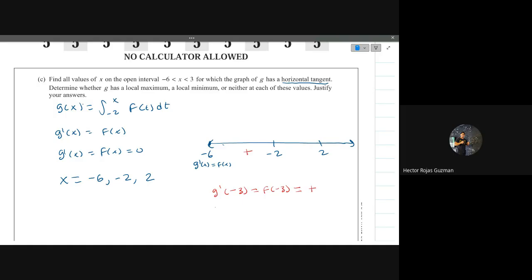G prime of 0 is the same thing as f of 0. F of 0 is 2, so that's a positive. G prime of 3 is the same thing as saying f of 3. That is a negative. So where does G have a local max and a local min?